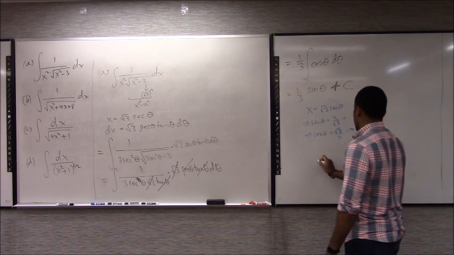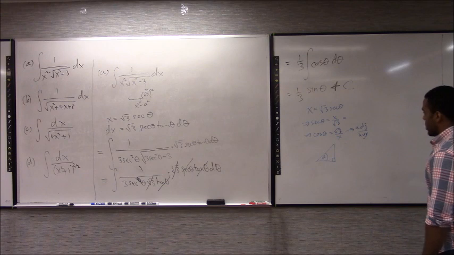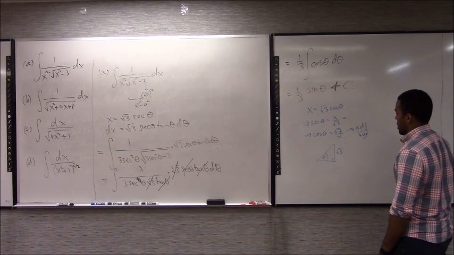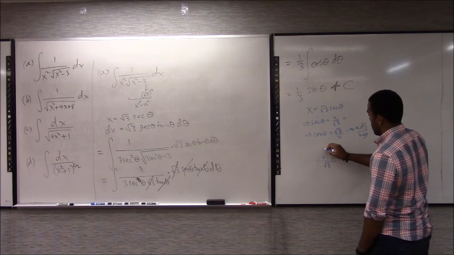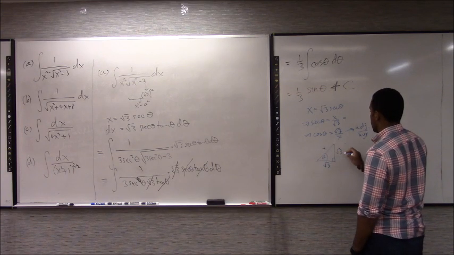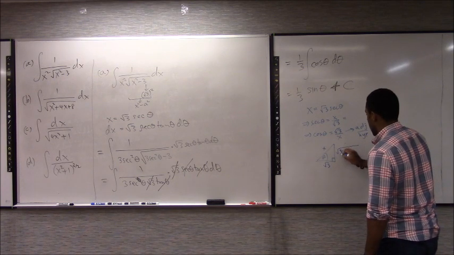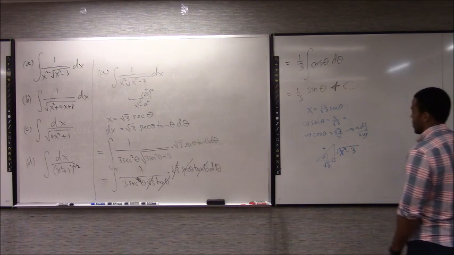That's good. So that gives us a triangle where the adjacent is radical 3 and the hypotenuse is x, which means by Pythagoras' theorem the opposite is the square root of x squared minus radical 3 squared.